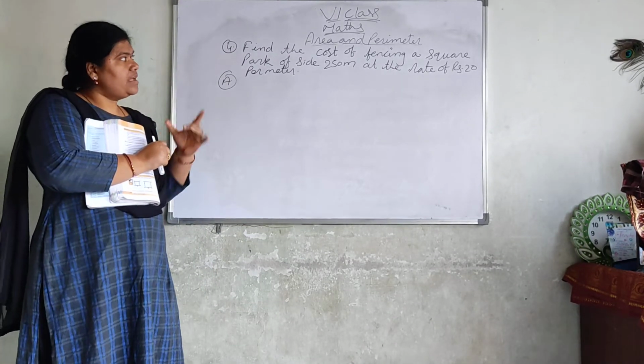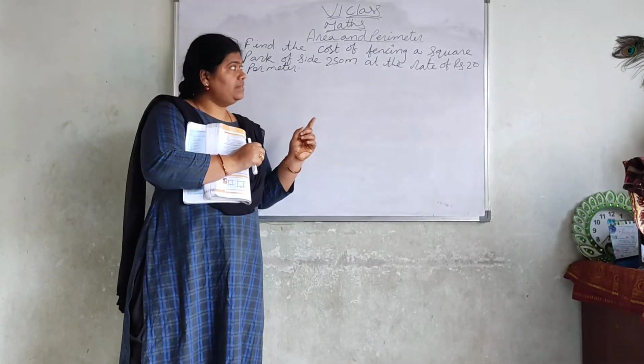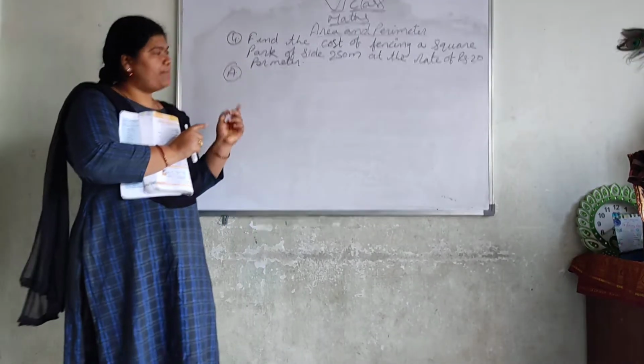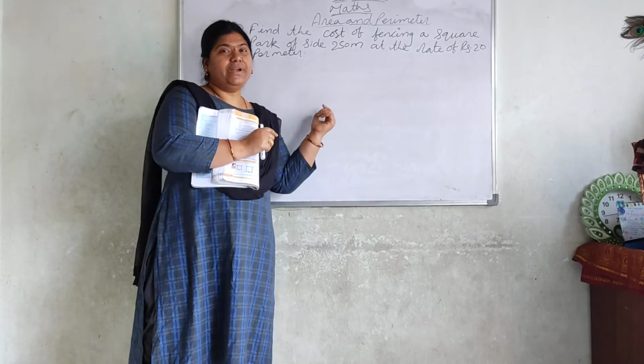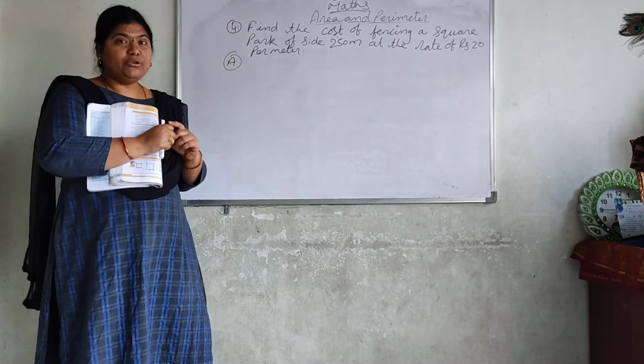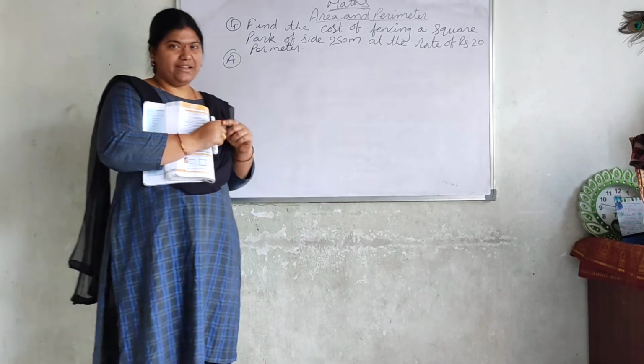See the question again. Find the cost of fencing a square park of side 250 meters at the rate of 20 per meter. Up to now we saw rectangular field.